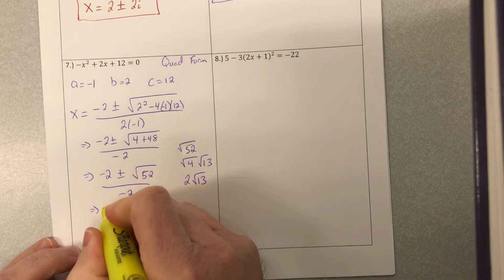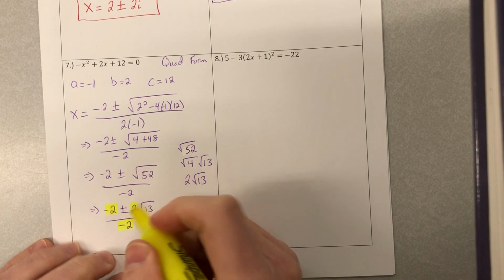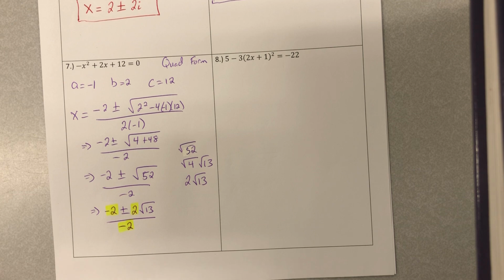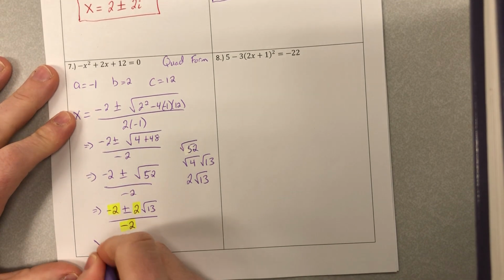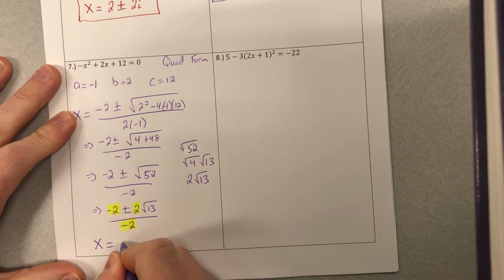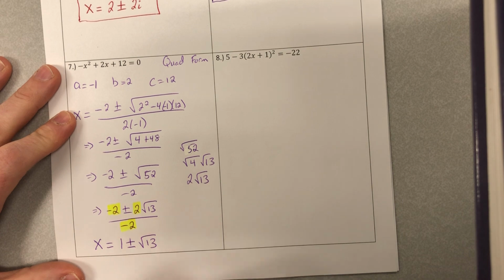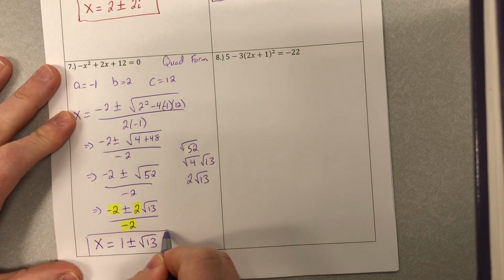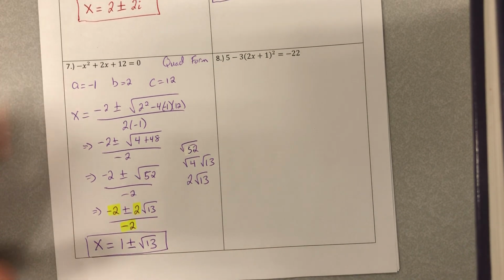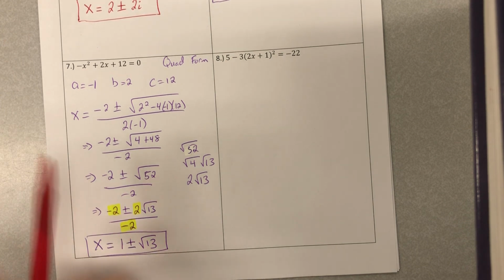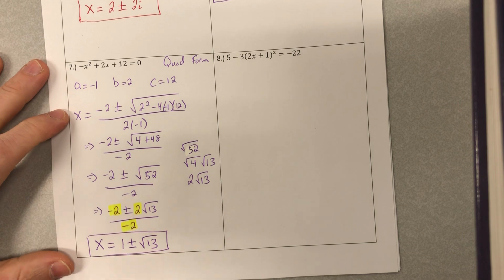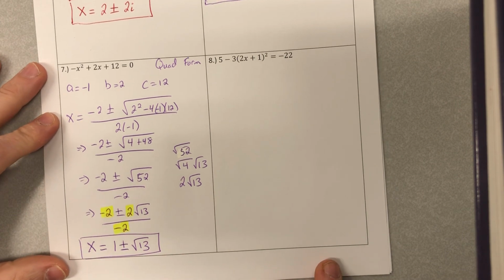Now once again, we realize that these numbers all have something in common. What do −2, 2, and −2 have in common? I'm going to factor out a −2, so that leaves me with 1 plus or minus the square root of 13. Okay. Like I said, this could be done using completing the square, but because of the negative, I like to use the quadratic formula.